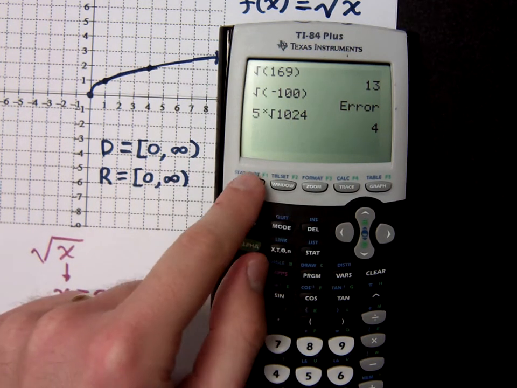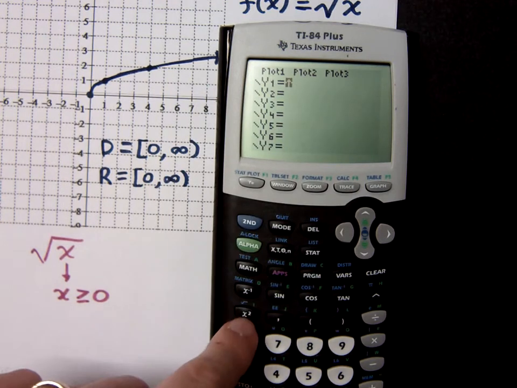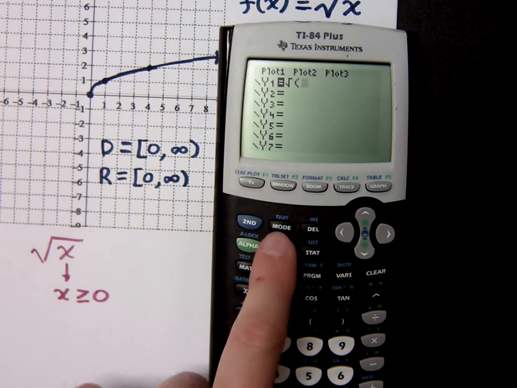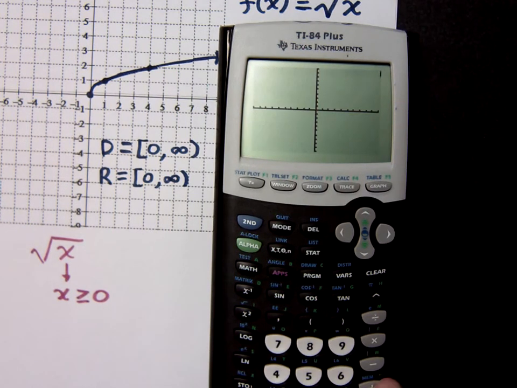But if we're talking about graphing, y equals, I want to do the square root, so second square root of x. So when I hit graph, there it is. It almost looks like it's a line, but this is a curve. It may be just hard to see how curved that is.